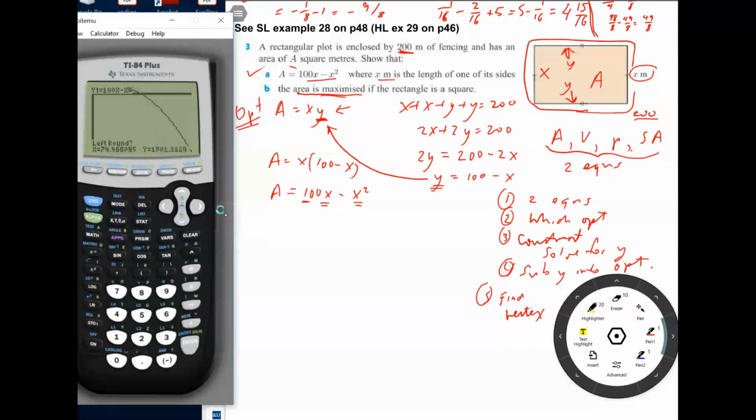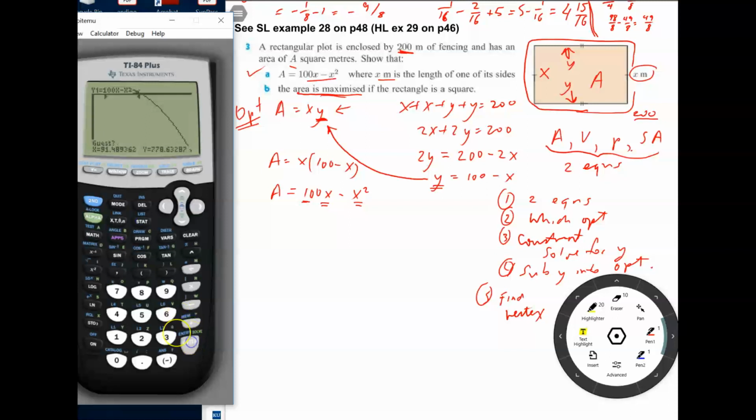Okay. Moving it left by pressing left, left, left, left, left, left, left, left, left, left, left. Okay, now I think I'm to the left of the vertex, so I hit enter. And now it's going to ask for the right bound. Then I'm going to go right, right, right, right, right, right, until I am well to the right of the vertex. Make sure that you're to the right of the vertex before you stop.